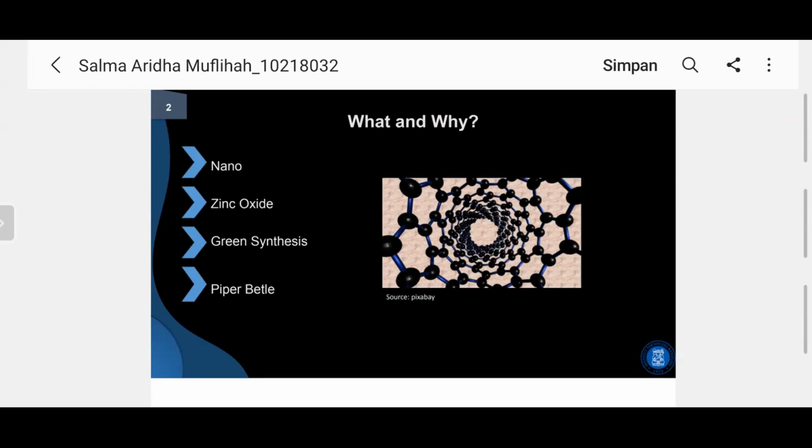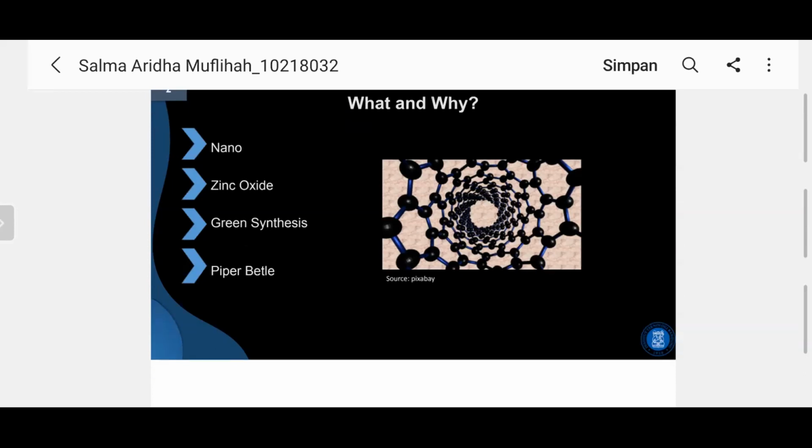And last one, I use paper betel as a reductor agent. So paper betel is sirih hijau in Indonesia. I use this as a natural reductor agent to reduce the precursor from zinc nitrate hexahydrate to become zinc oxide.